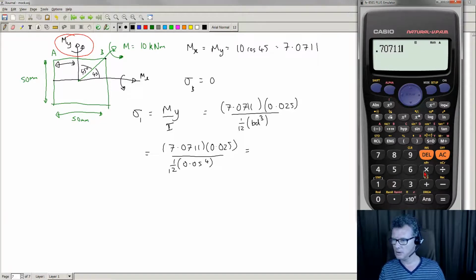7.0711 times by 0.025 divided by, let's open a bracket, 1 divided by 12 times by 0.05 to the power 4. Close the bracket.